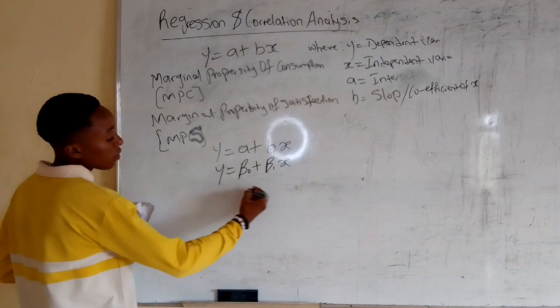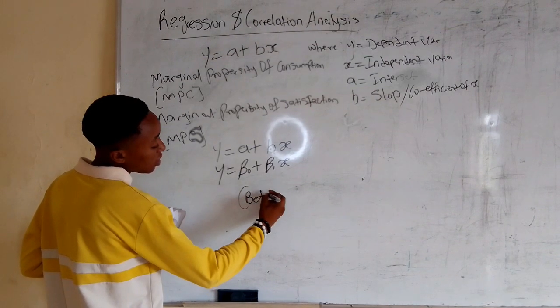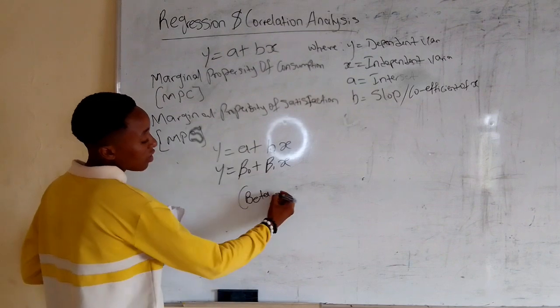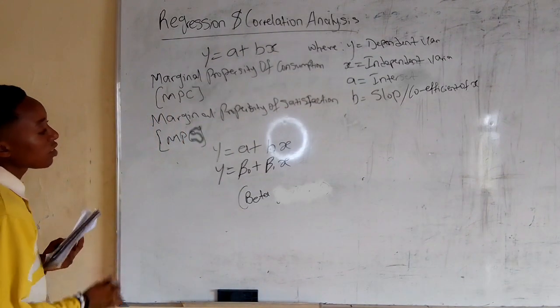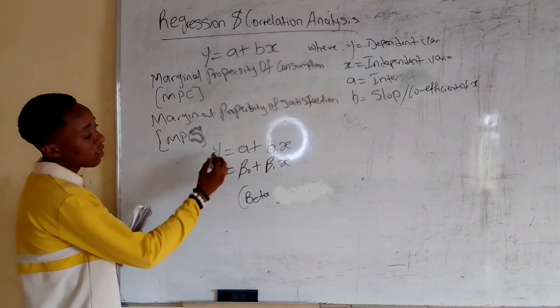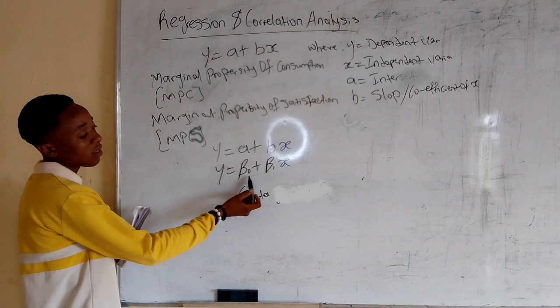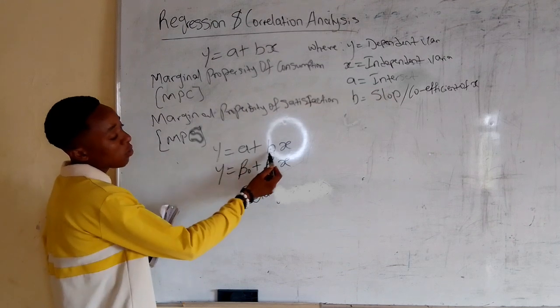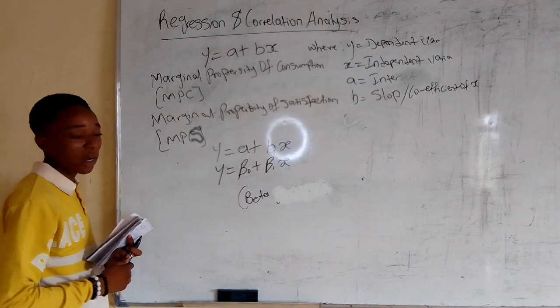The beta is spelled beta. It's a Greek word, beta. So looking at this, you see our y is still there, our intercept is the same thing as beta naught, our slope or coefficient of x is still the same thing as beta 1.